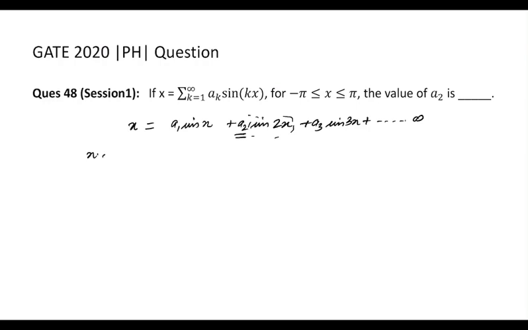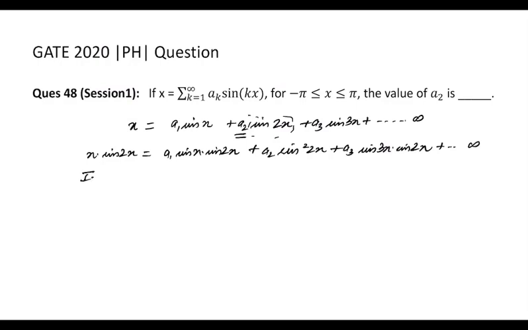So you will get a1 sine of x sine of 2x plus a2 sine square 2x plus a3 sine of 3x sine of 2x up to infinity. Now you will integrate both sides.